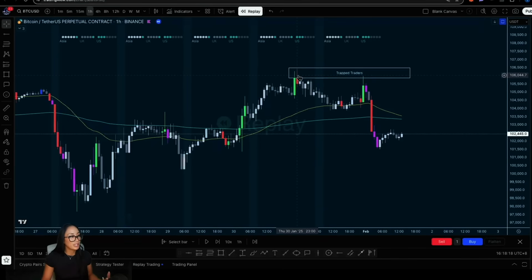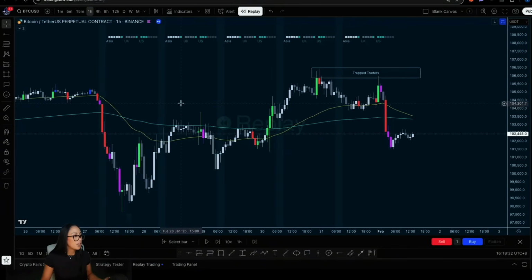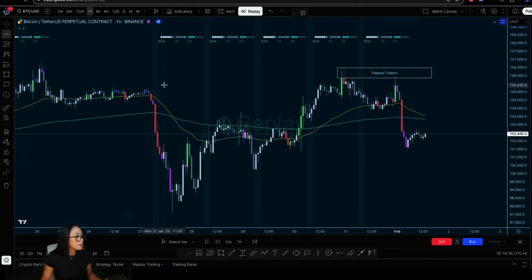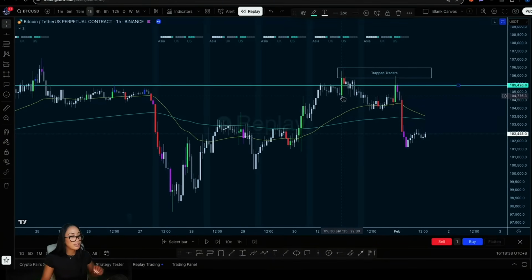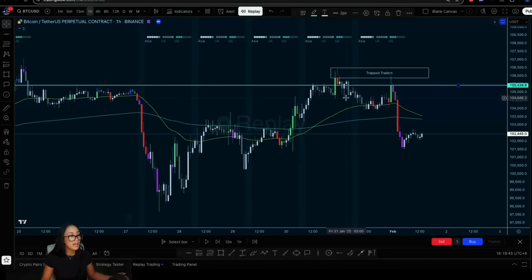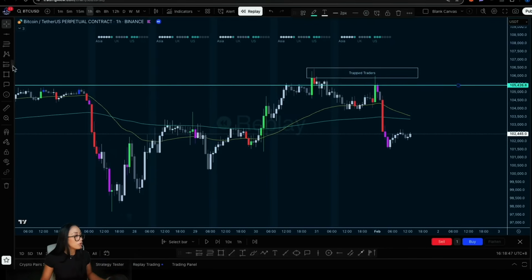When we see large wicks to the upside or the downside, this implies that there are trapped traders within that wick. Because there are going to be traders who may have seen this as a previous resistance level, and this green candle here at rise level 3 induced them to take a position anticipating a breakout, and some people would have got FOMO.